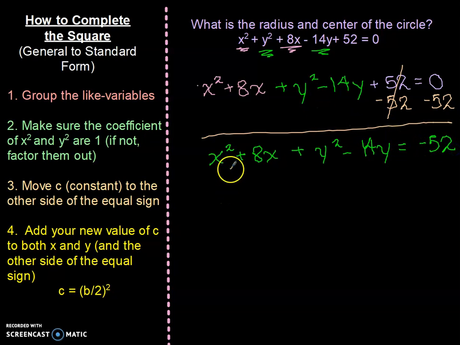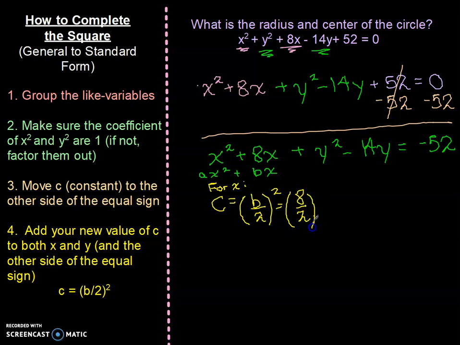So remember that in a quadratic, this is technically ax squared plus bx. I would like my own constant value of c, which is found using b over 2 squared. So for x, because remember you're doing this for x and for y, c equals b over 2 squared, which b would be 8. 8 over 2 would be 4, and 4 squared would be 16.